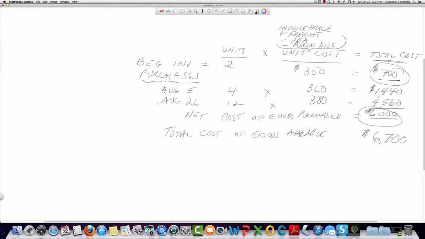Now, problem, of course, in this case, because there are different inventory costs, it makes it more difficult to determine what cost should be assigned to the 14 units sold and the ending inventory, which would be the 4 units.